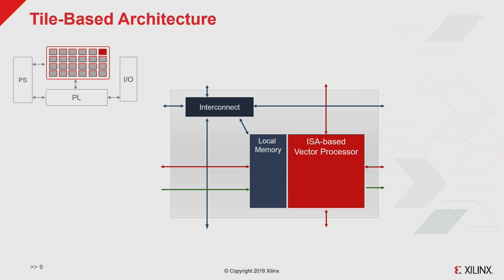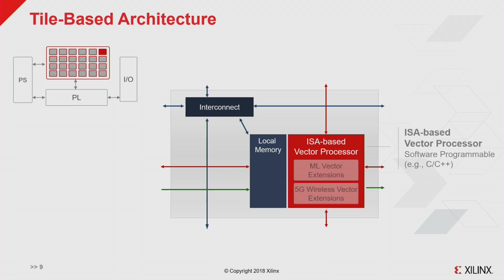In addition to the processor, there is the local memory, and there is the interconnect. The interconnect can talk in all four cardinal directions, and the processor can directly access memory from its neighbors through this red connectivity. As you can see, this processor has a specialized instruction set, with vector extensions for machine learning and for wireless 5G.